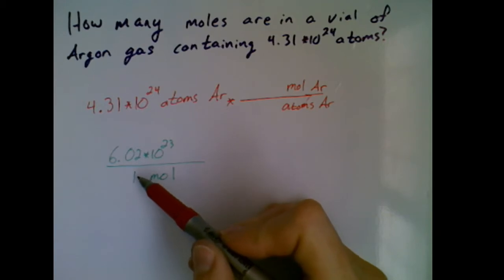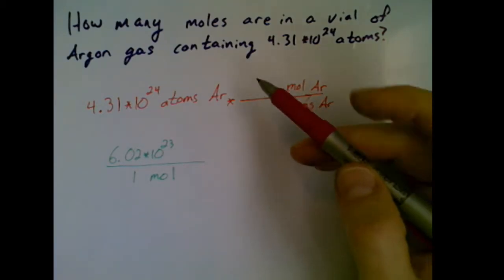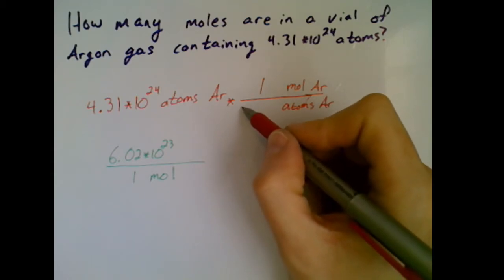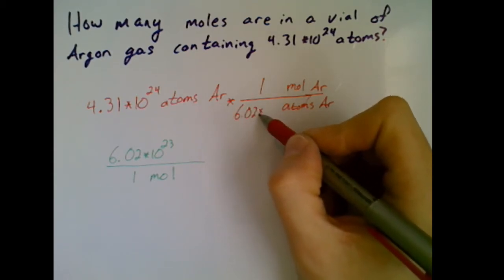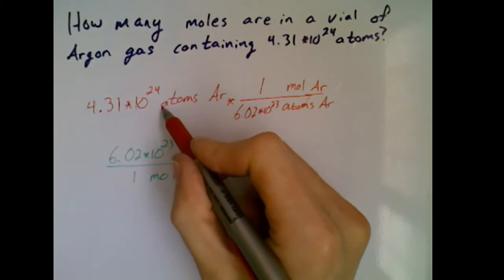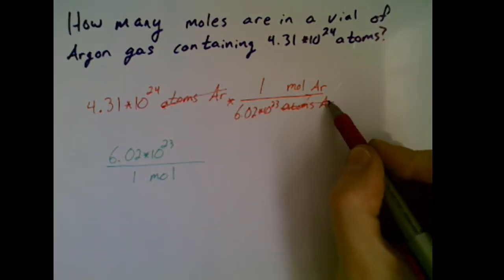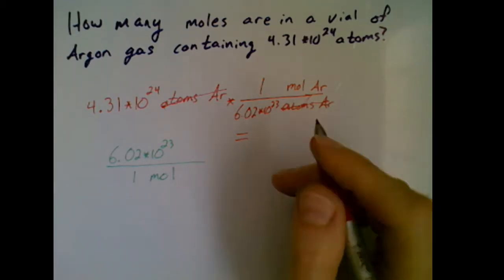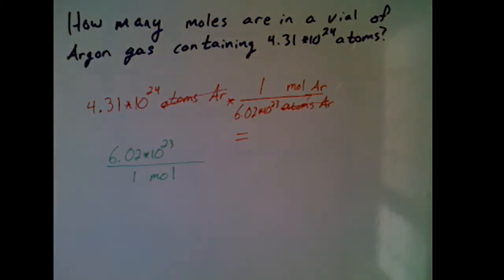You can't switch that. So moles is on the top in my equation. So that means 1 goes on the top in my equation. And 6.02 times 10 to the 23 is going to go on the bottom. That way atoms can cancel out, and I'll be able to calculate my answer. I'm going to write it down here so it'll be a little bit easier to see.